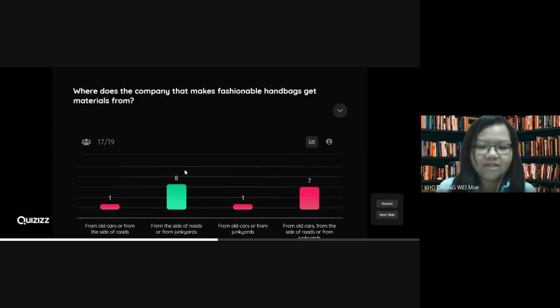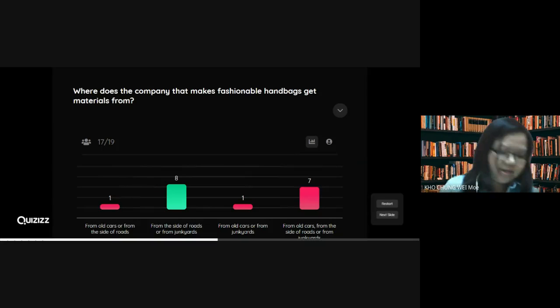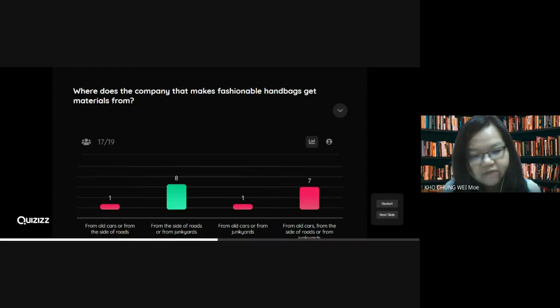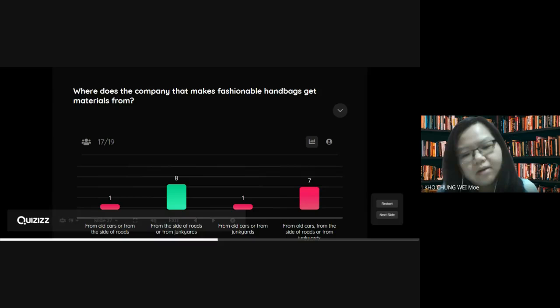Only a few got it correct. It's from the side of roads or from junkyards. If you read the text again, okay, the text said, a company in the USA noticed how many old car number plates were left on the side of roads or in junkyards. So basically, it's from there, from the side of roads or from junkyards. Okay?